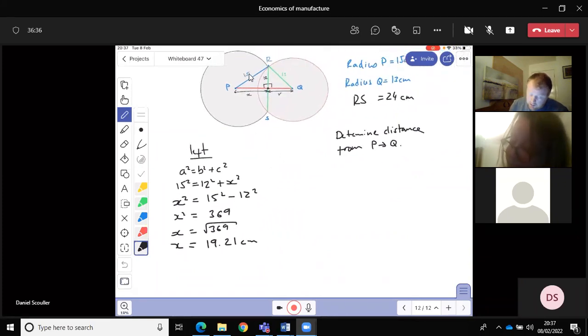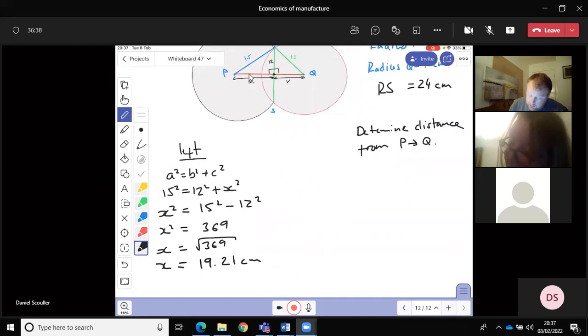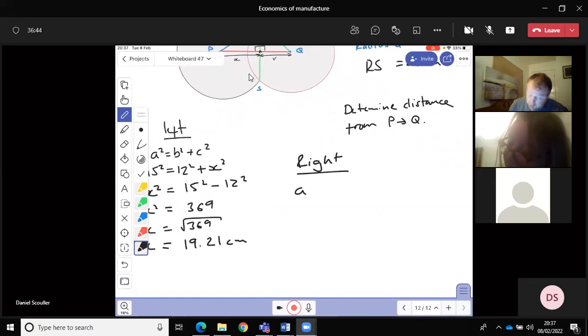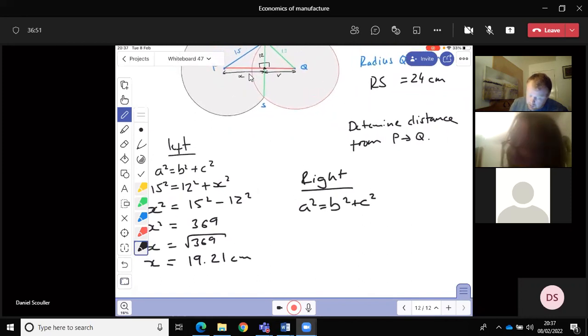We want to do the exact same for the right hand side. Get a bit more space. Okay, Pythagoras, a squared equals b squared plus c squared. A is our hypotenuse, which is 13 squared, equals b, which is our 12 squared, plus c, which is v squared. I'm going to sort it for our unknown.